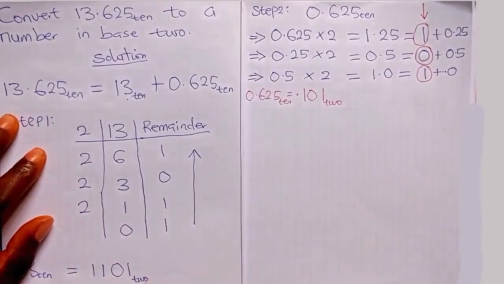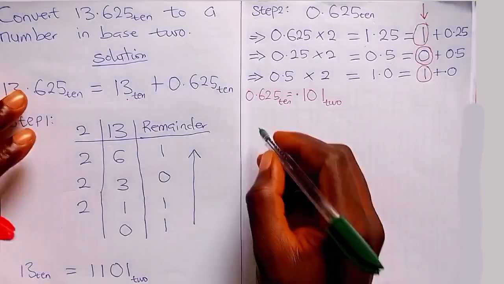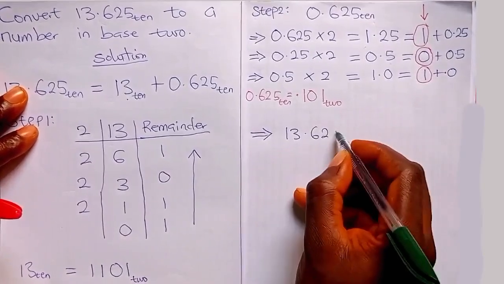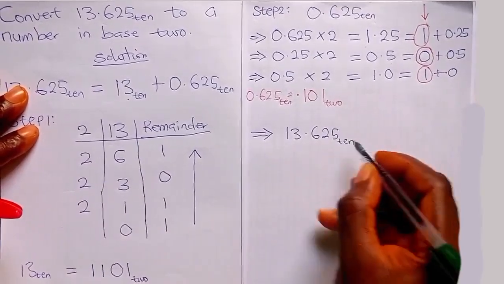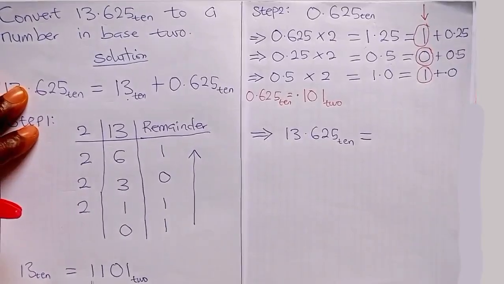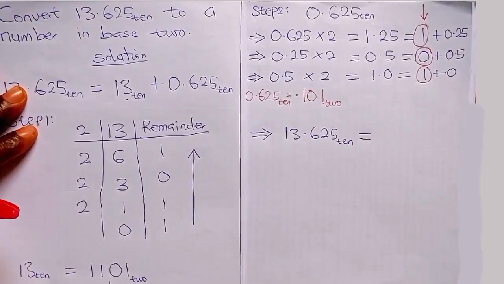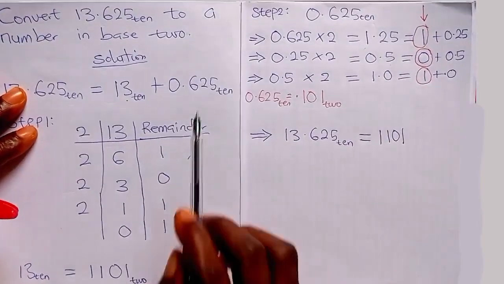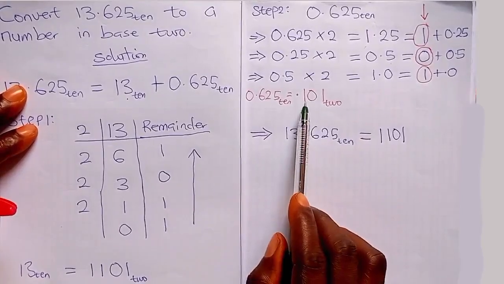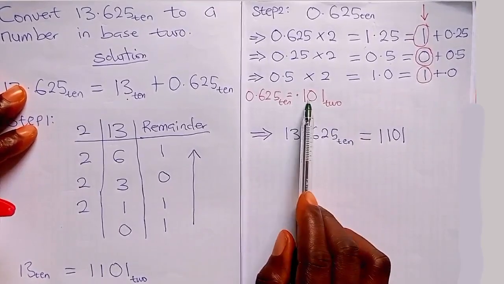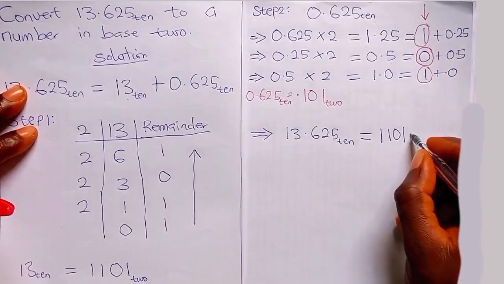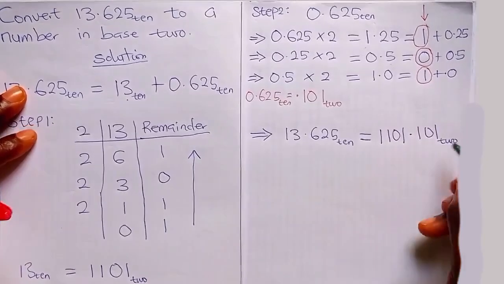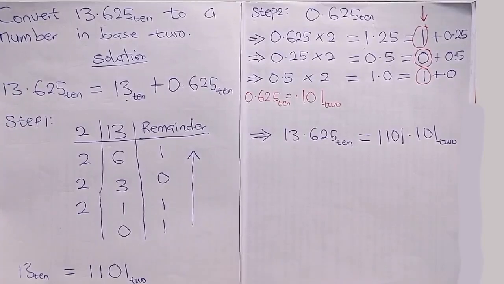So combining this result with the earlier result, 13.625 in base 10 gives us the whole number part 1101, and the result for the decimal number part is 0.101. So this is 1101.101 in base 2. I believe that this is quite simple.